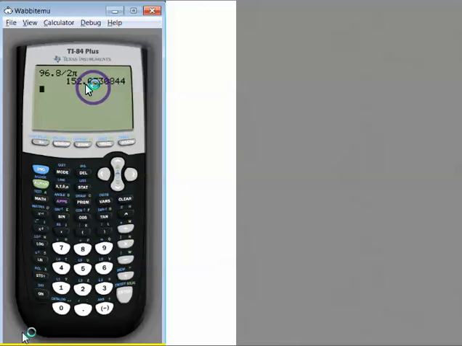So I'm going to be taking this 0 and rounding it to 1. If I'm rounding to the nearest tenth, I'm going to have 152.1.